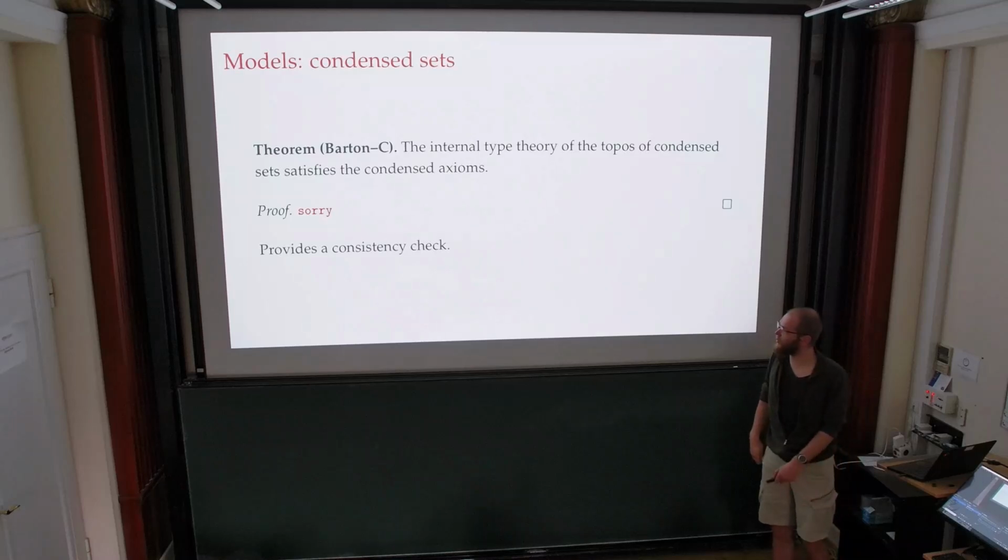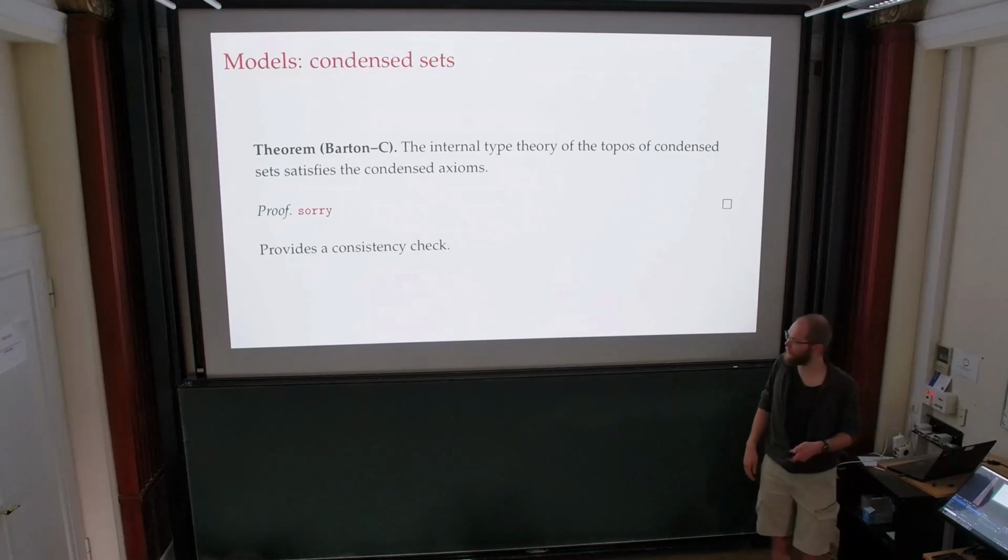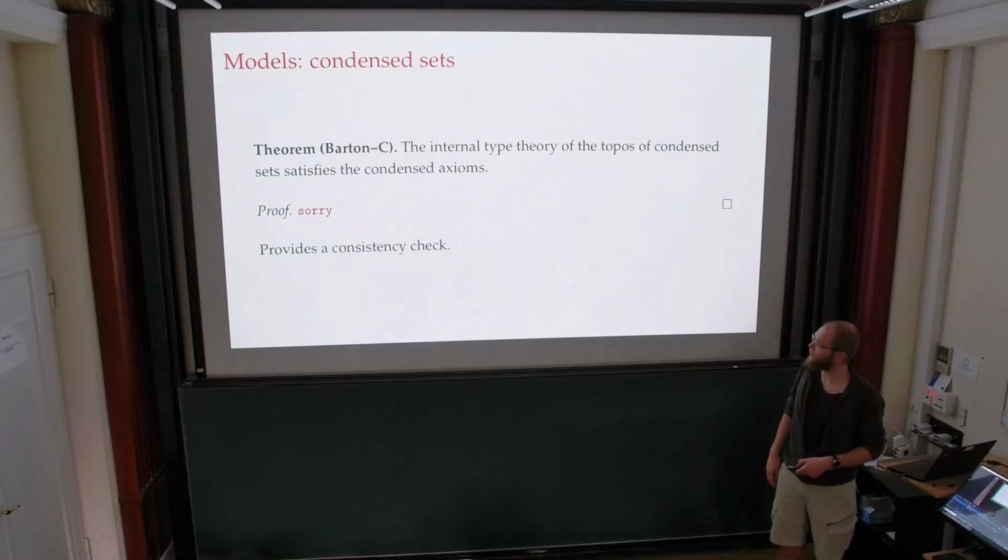But it does provide a consistency check that somehow this collection of axioms doesn't allow you to prove false unless all of mathematics is inconsistent. So that's good, but I don't really want to talk more about this, except maybe on the final slide.